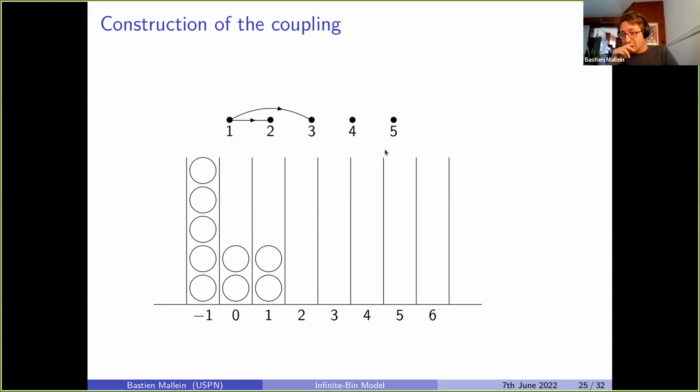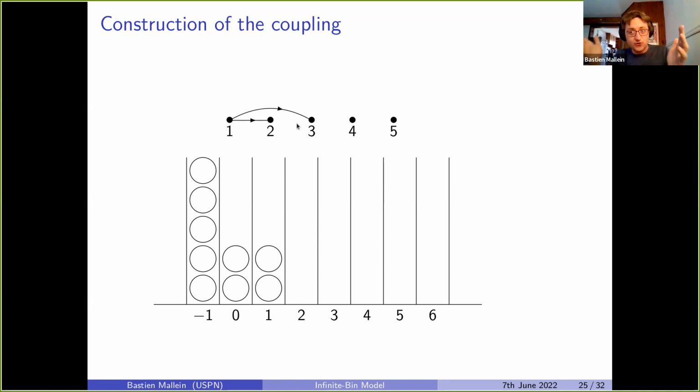Okay. So now let's think about it. What does this dynamics tell us for the bin model? I have my vertex 5 here, and with probability P it can be connected to any of the previous vertices. It can be connected with probability P to vertex 3.